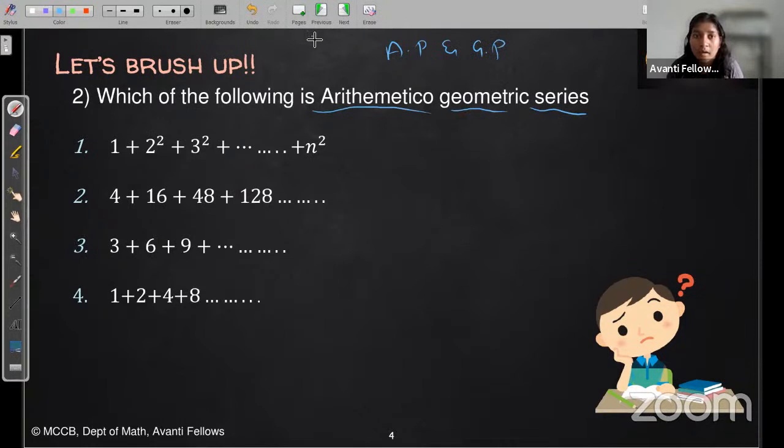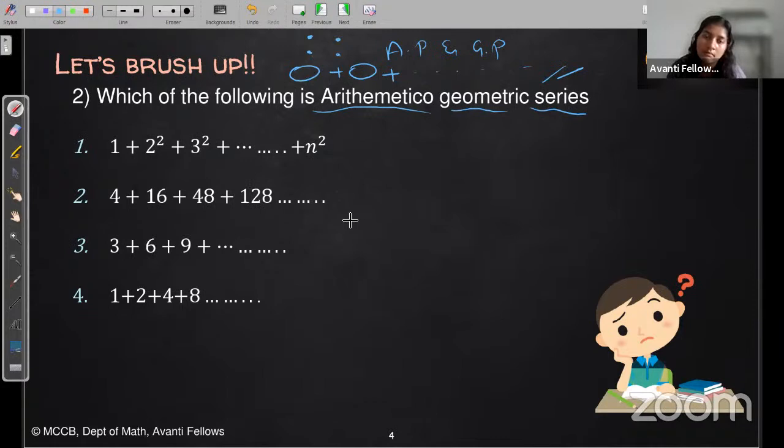You take the first term of the AP and the first term of the GP, multiply them, and you get one term, plus the second term of the AP times the second term of the GP, plus so on. If you continue this procedure, whatever series you get, we call it an arithmetico-geometric series.